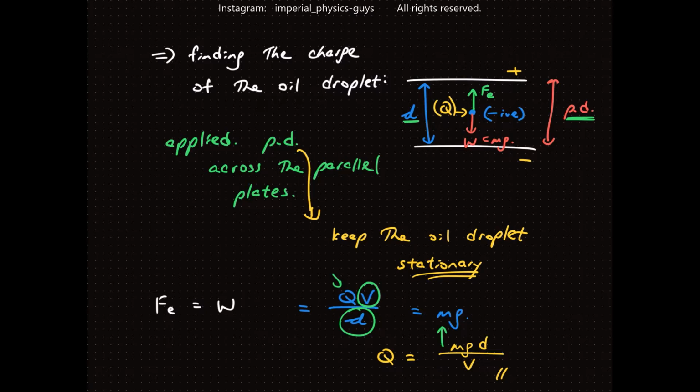And in the experiment, what we're going to do is repeat these calculations for more oil droplets, where we calculate the charge for each oil droplet each time. And the value of the charge that we obtain will always be a whole number multiple of 1.6 times 10 to the minus 19 coulombs, which is the charge of an electron.